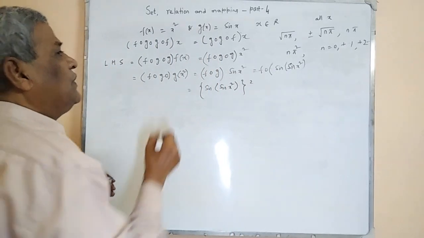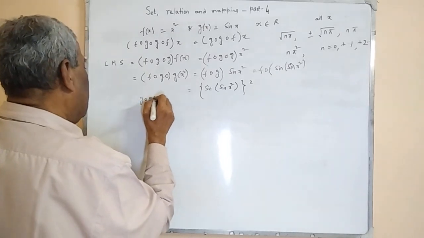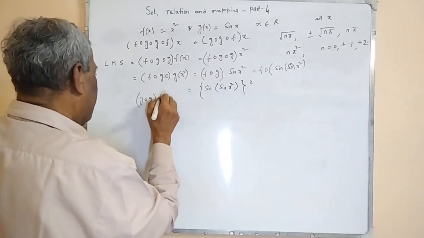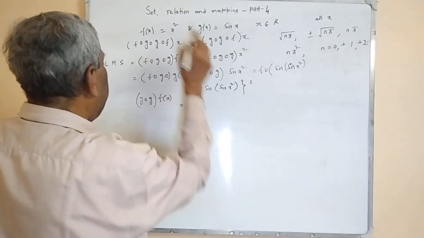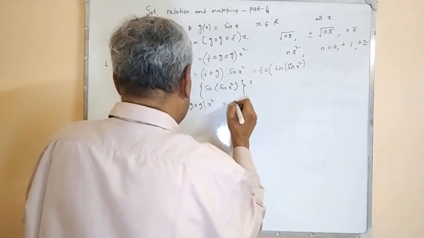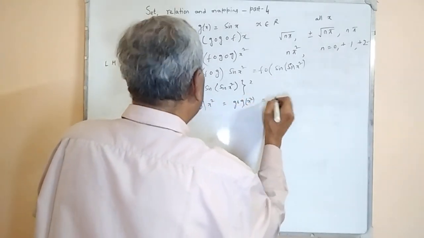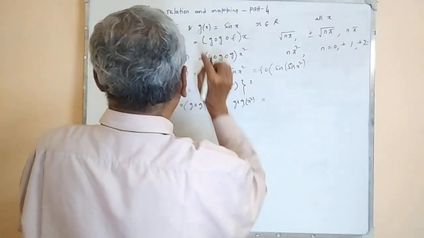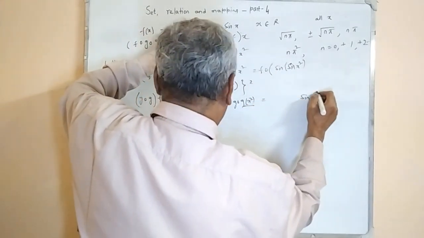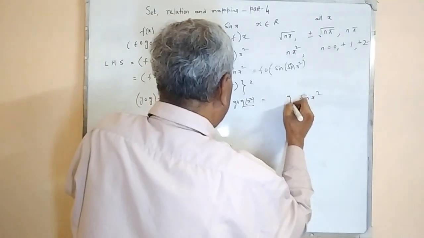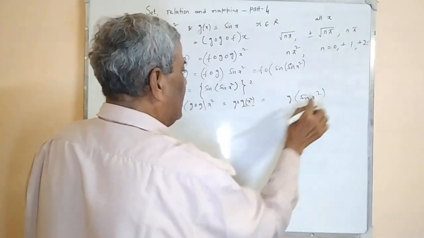And on the right hand side, it is g composition g composition f(x), where f(x) is simply x square, so it is g of g of x square. g of x square is sine x square.